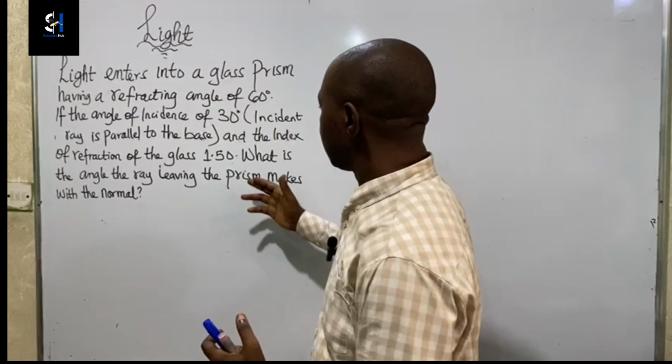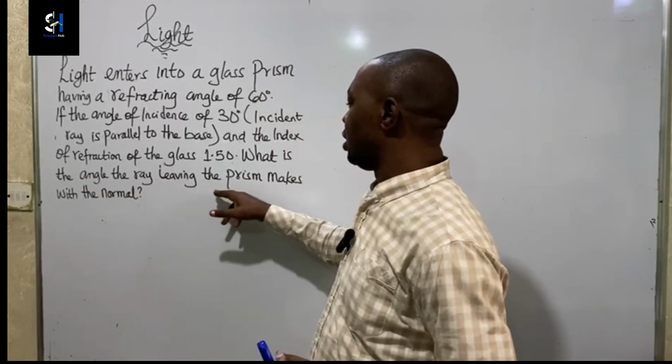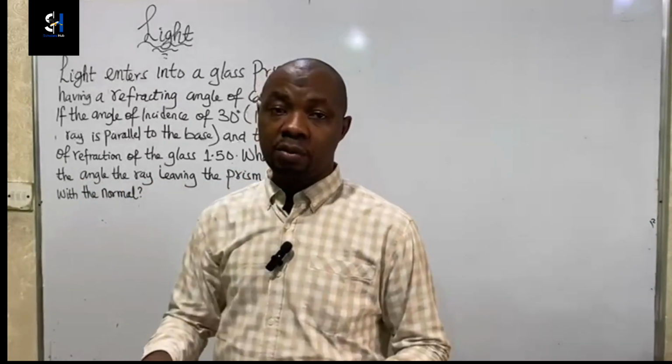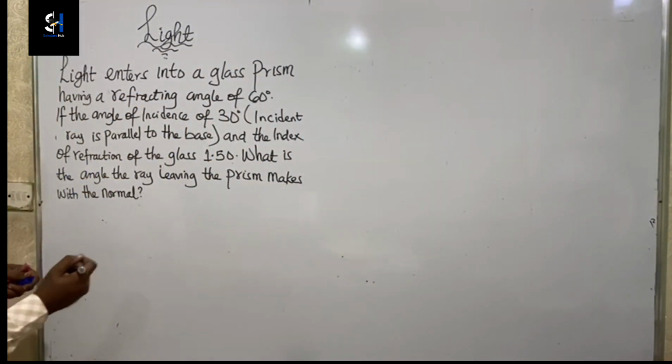We want to find out what is the angle the ray leaving the prism makes with the normal. Now let's analyze the prism.